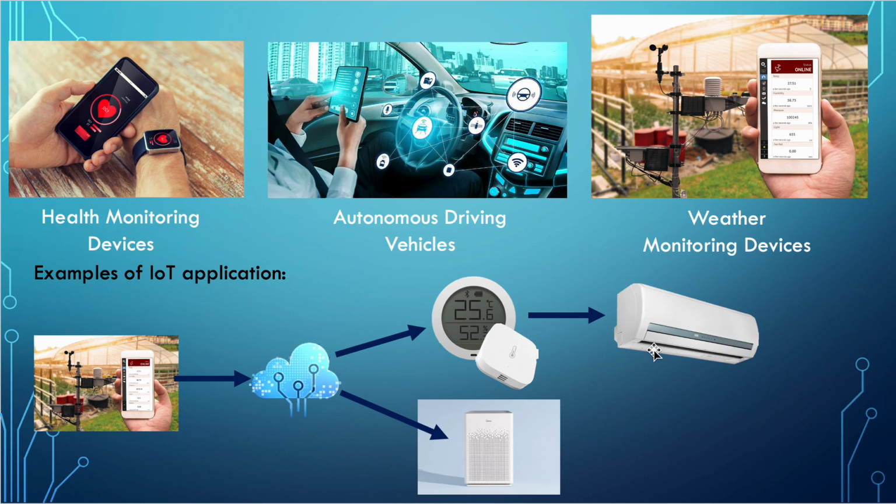Similarly, another way is that the weather monitoring devices can monitor the atmosphere and check whether there are too many particles which are harmful for human beings in the environment, which means pollution, whether smog is there or not. And that data also can be relayed through the internet to another IoT device, in this case an air purifier.